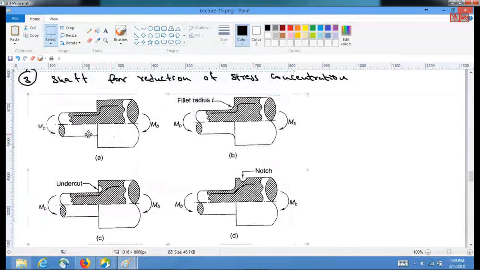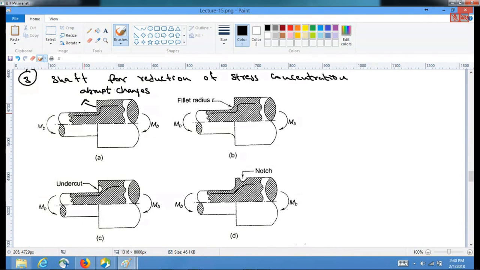Let's say this shaft has an abrupt change like this. This is required maybe because of clearance or something. You want a smaller cross section at some places, and you would cut it or create an abrupt change in this manner, thinking that this will serve the purpose.